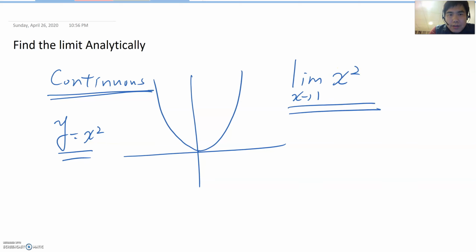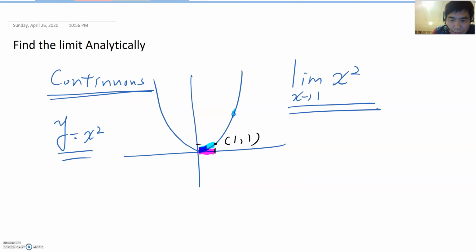So this point becomes (1, 1). On the left side, even though x is not exactly 1, it's moving toward 1 from the left, and at the same time the y value on the graph is moving too.